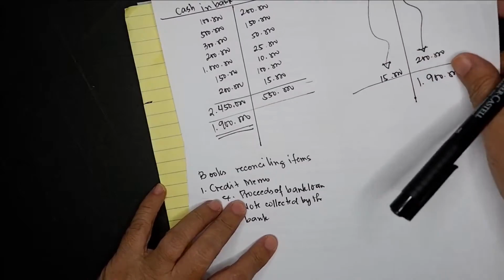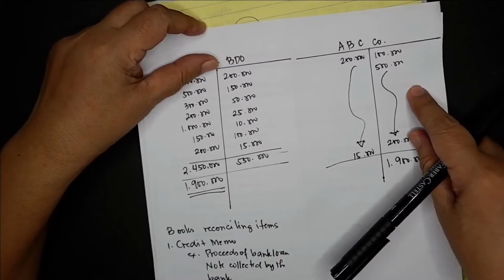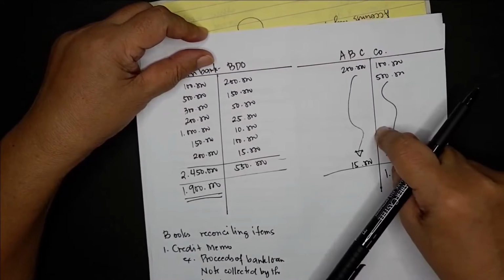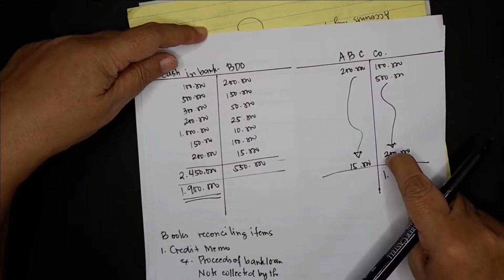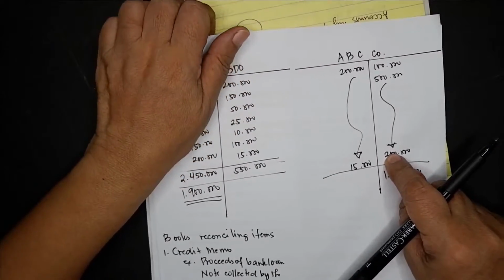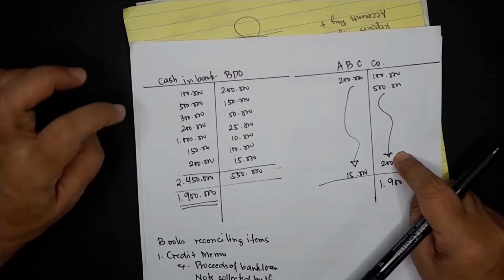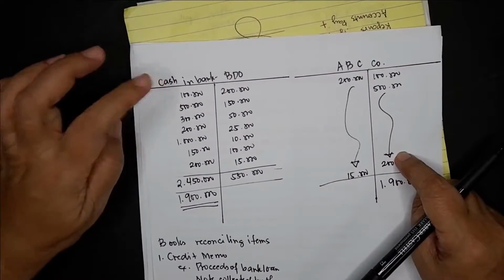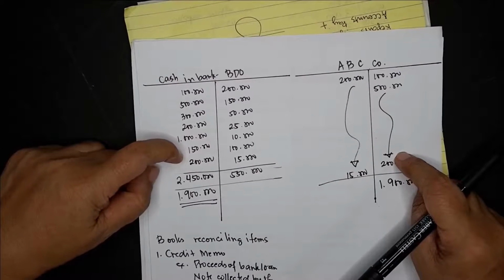So the loan was approved and automatically the bank deposited it in our bank account. So they have an entry, debit cash in bank, and credit ABC Company. Since we do not make a deposit slip for that, we do not have that entry in our books. We do not record that entry in our books.